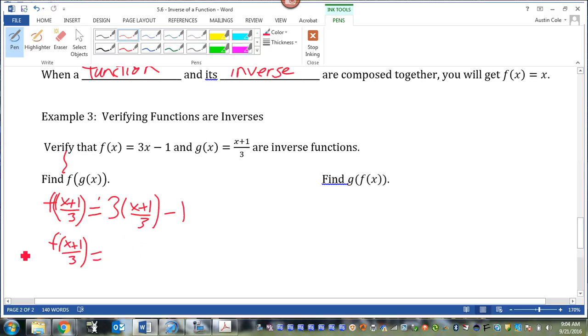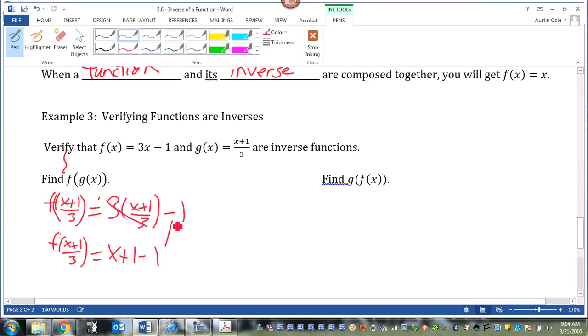3 times something divided by 3. What does that give us? 1, exactly. Those cancel out, right? So then you're left with x plus 1 minus 1.